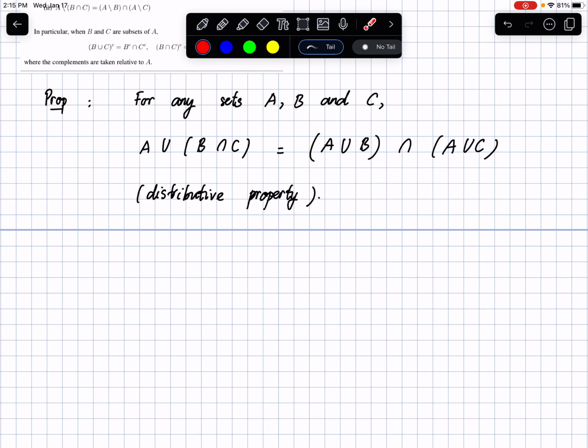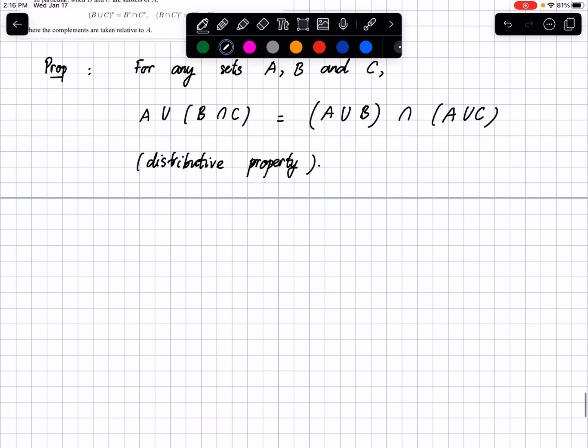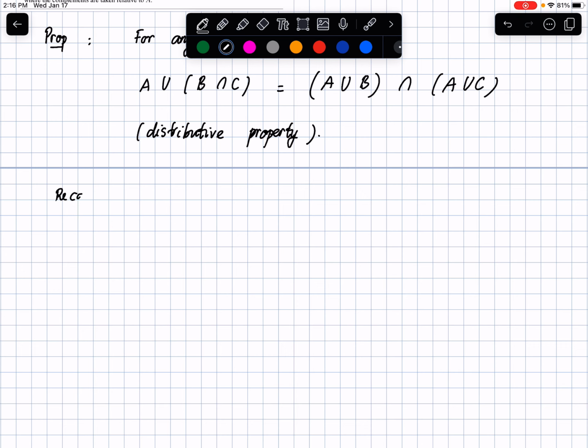Okay. So to prove this proposition, in fact, we need to show that the left hand side set is a subset of the right hand side set and the other way around. So let's recall this. To prove set A equals set B, this is the way we usually do it.